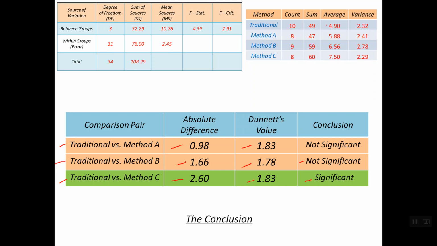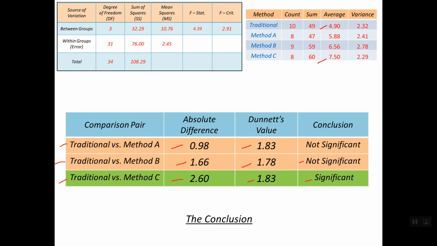The average for the traditional method is 4.90, while for method C it is 7.50. So we conclude that the average for method C is greater than the average for the traditional method.